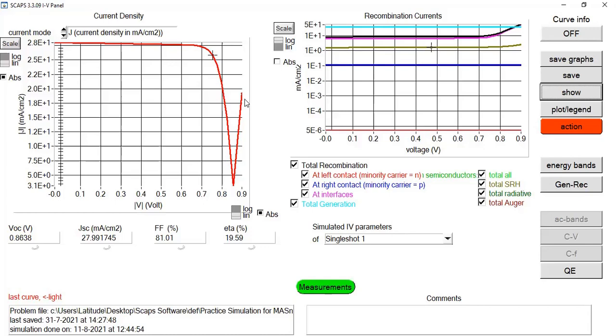This is a very common problem when people are doing simulations in SCAPS 1D. They have a curve like this, and when we put it in a paper or research article, it can have a negative impact. So I'm going to explain how to fix this.